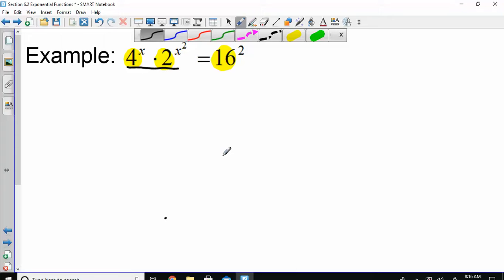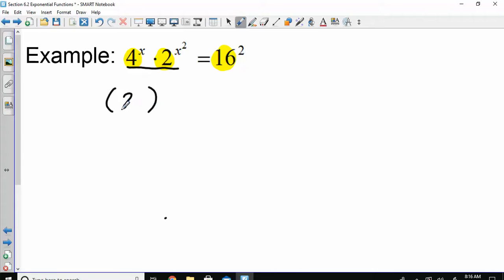I need a common base. So all of those are powers of what? 2. So my 4 is 2 squared, and that x just stays on the outside. 2 to the x squared, we don't have to change that. 16 is 2 to the 4th.